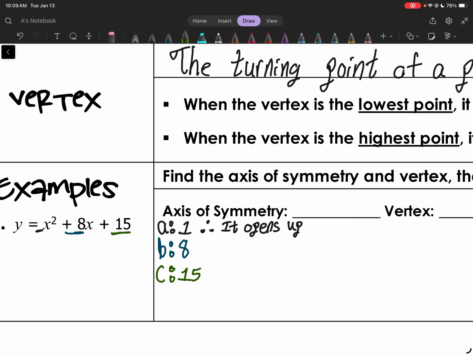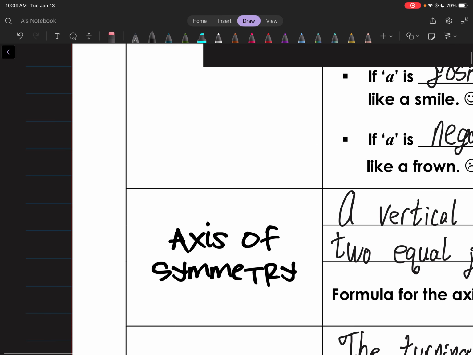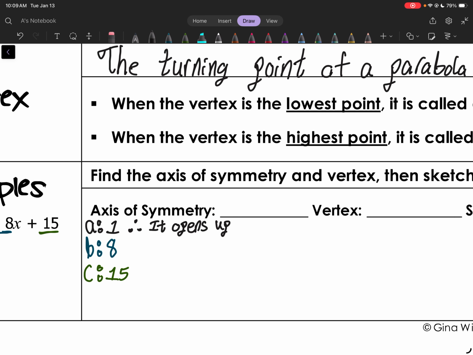Now to determine my axis of symmetry. The formula is negative b over 2a. Now I'm going to plug in my B and A values. My B value is 8. My A value is 1.